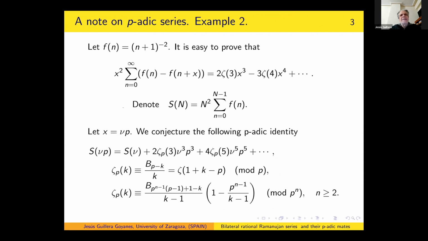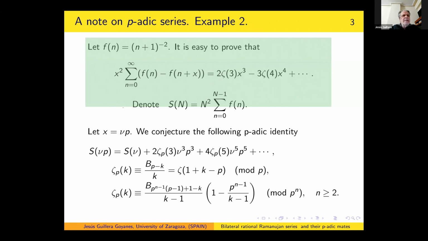Here is a second example. We consider the function above, and it is very easy to prove that square root of x multiplied by this is equal to this development.